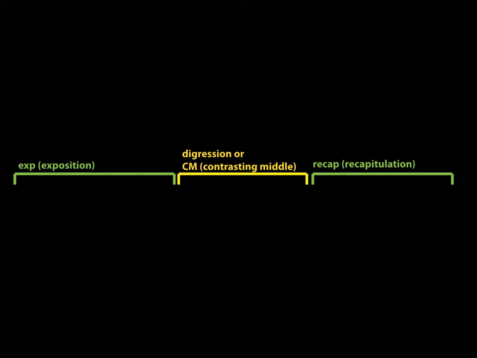Before I go on, I should note that you might recognize the terms exposition and recapitulation from sonata form, but you should know that these two terms mean something a little bit different when we're talking about small ternary. Later this semester, we'll talk about sonata forms, and you'll find that the exposition and recapitulation are a little more involved. For now, first, let's learn about what happens in a small ternary exposition.